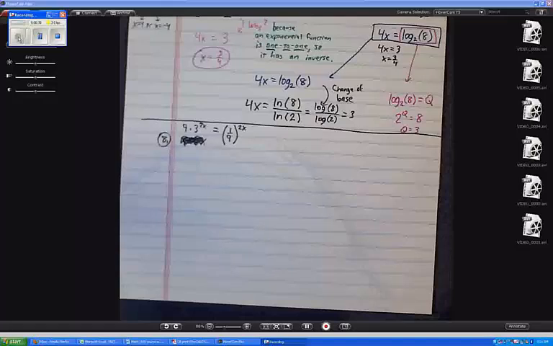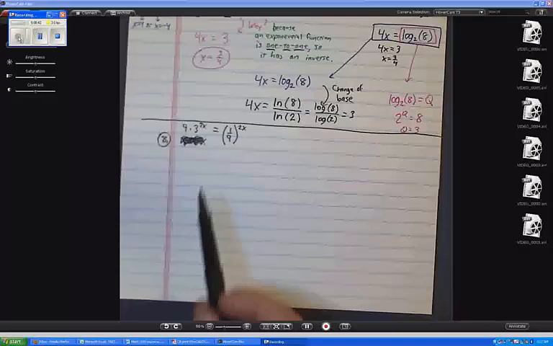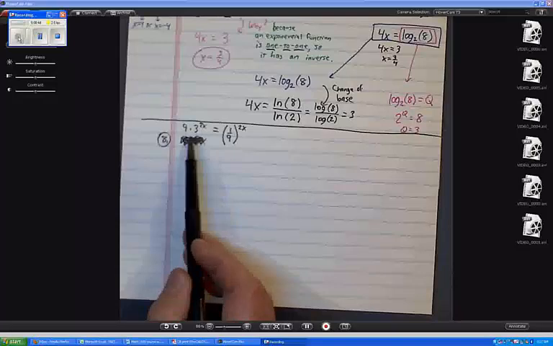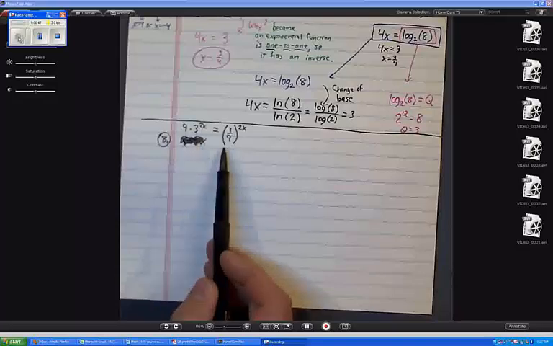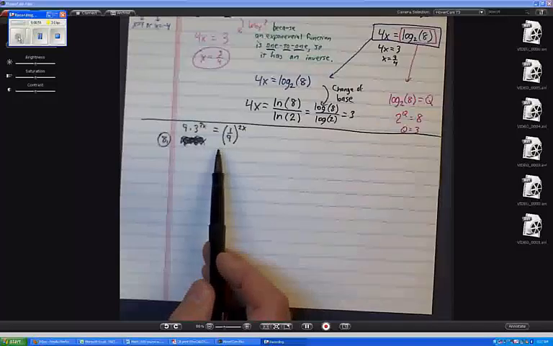This is quite tricky, I think. One of the things that makes this one tough is that the bases are not the same. We'd like to get the bases the same. All right?